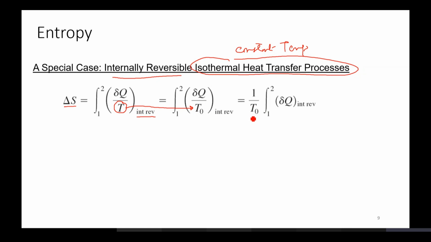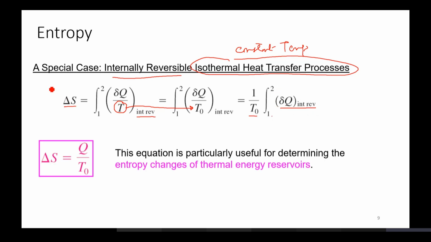So T naught would come out of the integral, and the summation of heats from 1 to 2 would give you the entropy change. That means the change in entropy would be the summation of heat divided by the constant temperature. That would give you the entropy change for a system which is having isothermal heat transfer.